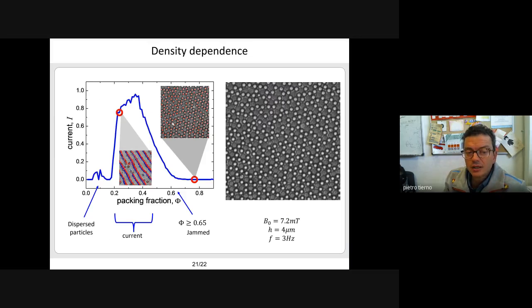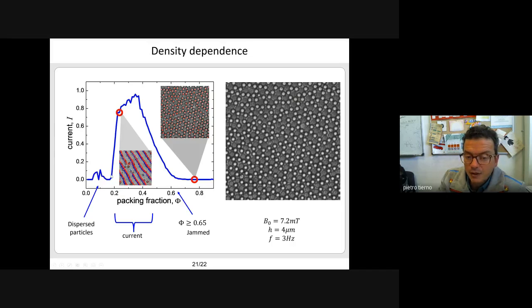Another thing one could ask to explore, apart from the dependence of the current on the tilt angle, is what happens at constant tilt angle and constant frequency when we change the packing fraction. At low packing fraction, there are no dimers that can form, so no current is possible at all.